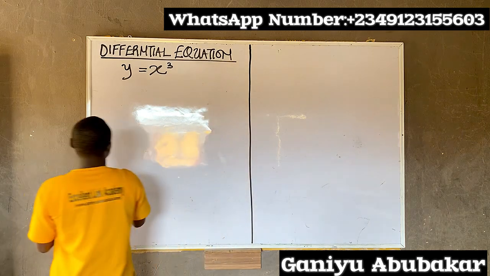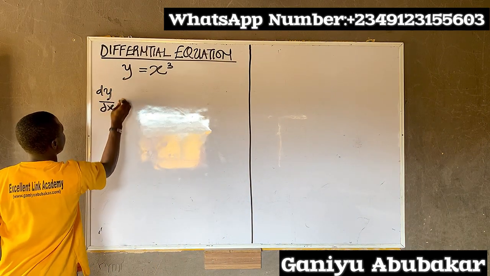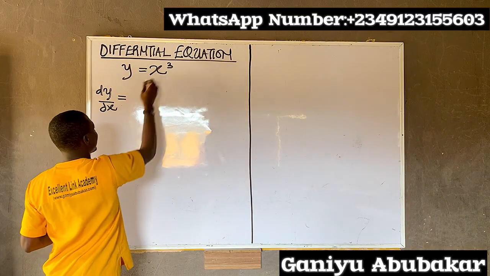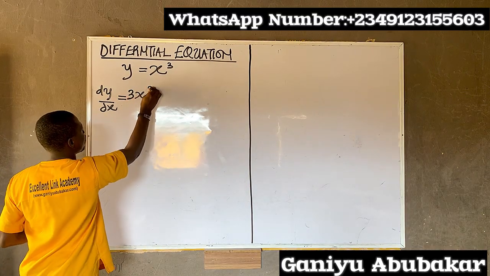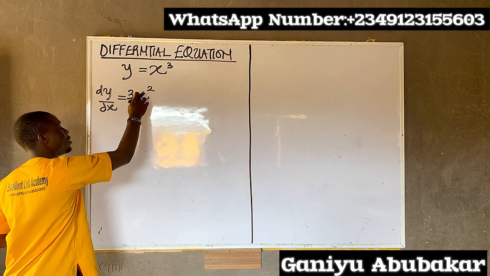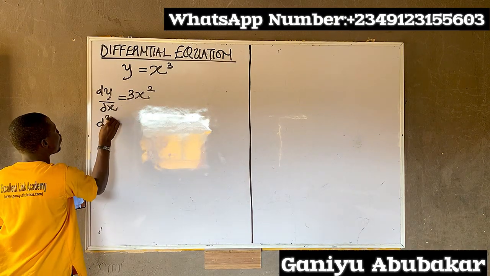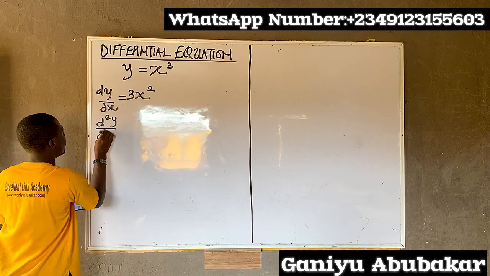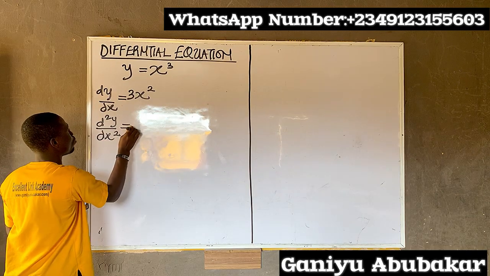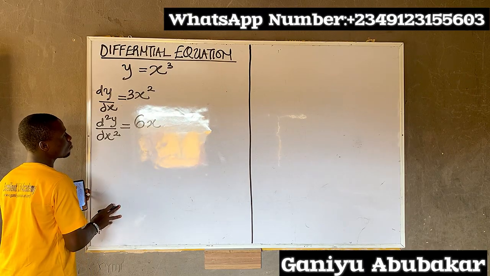This gives you dy over dx is equal to, if I differentiate x cubed, 3x squared. This is my first derivative. Differentiate this again. That gives you d squared y over dx squared, which is equal to 6x.